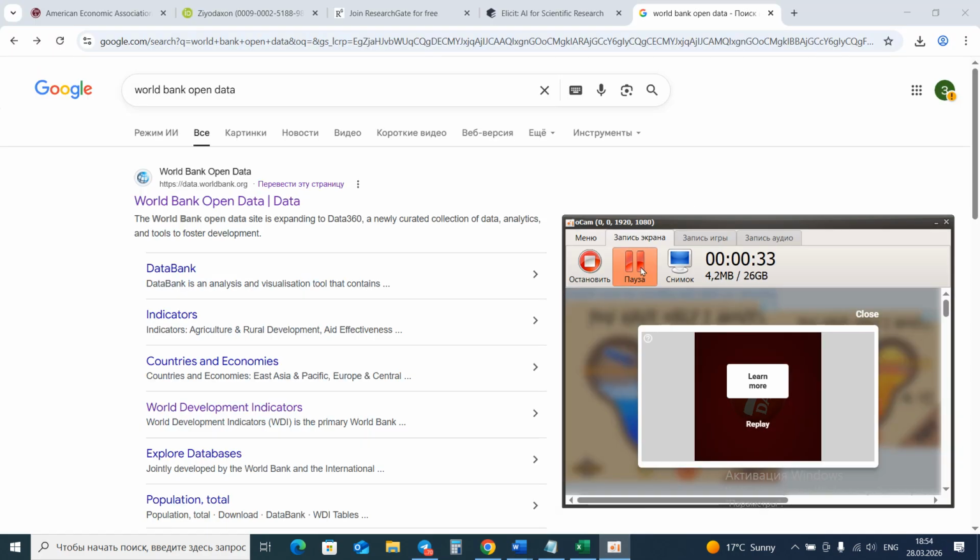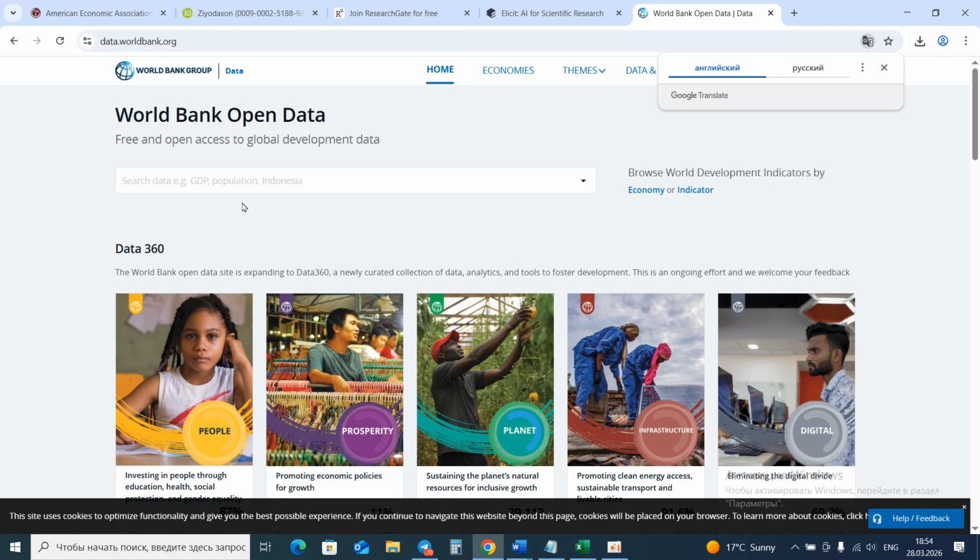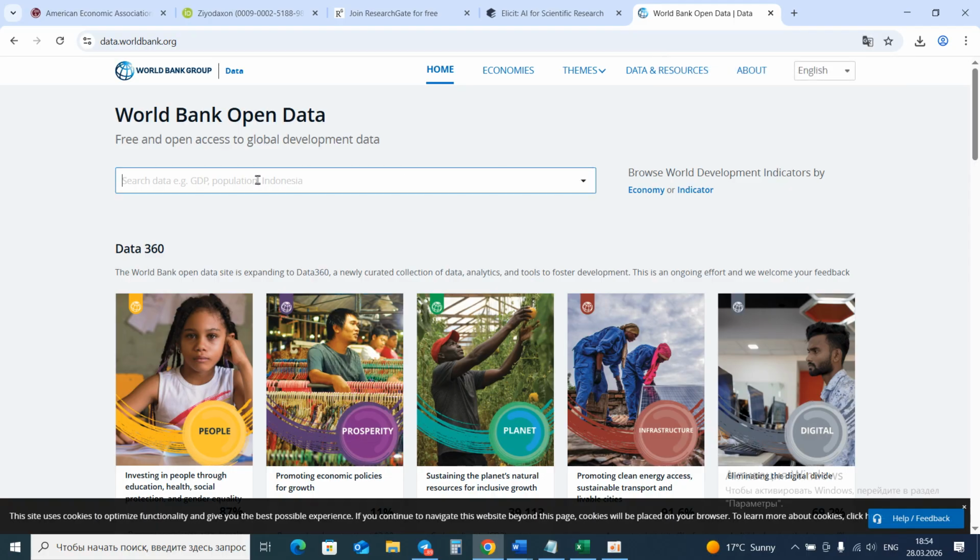Okay, the first thing that we have to do is going online and search for World Bank Open Data. At the beginning of our course, we were allocated different countries to analyze, so each student had their own country to find out about its economy, geographic location, about development, and other things.